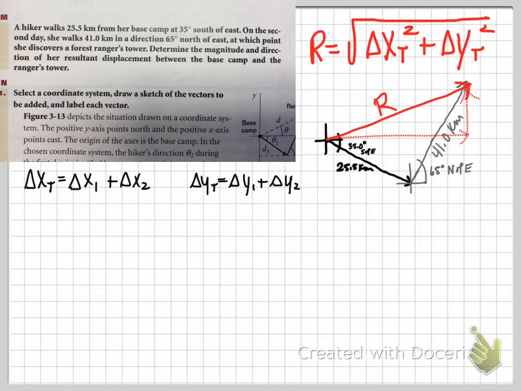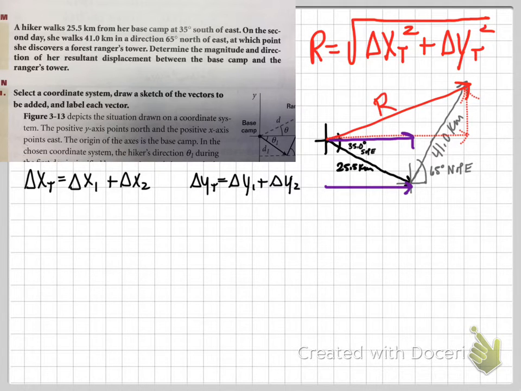Okay, so let's find our triangles. Let's concentrate on the first displacement first. Here's a question for you. Is that my first x displacement? Is that also my first x displacement?